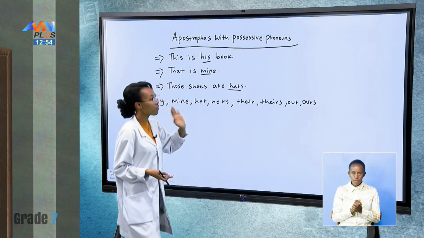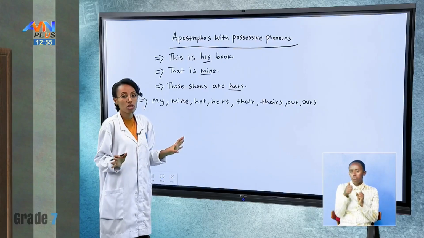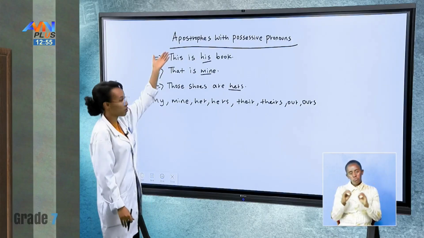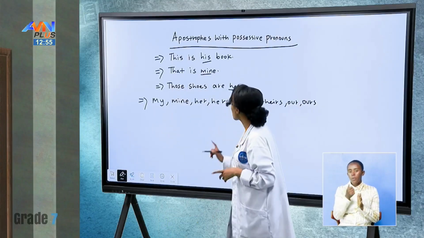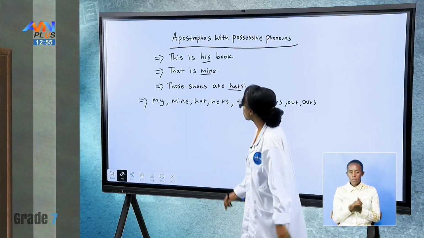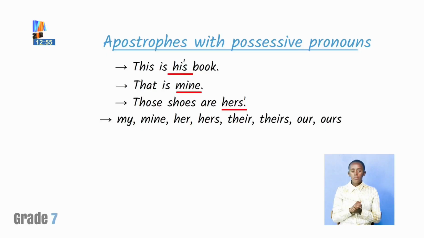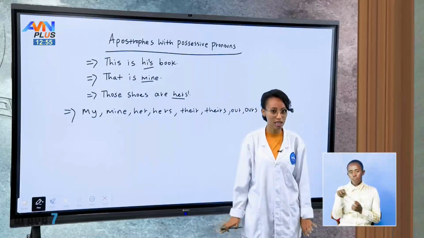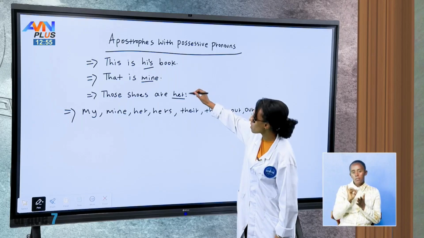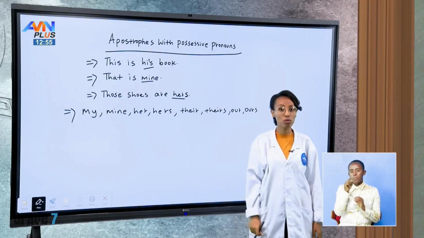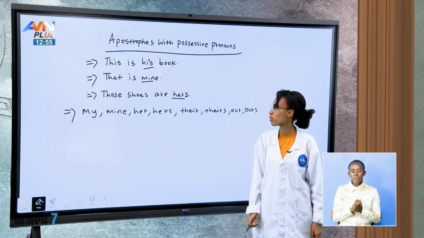So they on their own can show possession, so we don't need to add an apostrophe. This is a very important rule that you must follow. So if you do this later on, for example, or if you do this, it is what? It is not correct. The correct form is writing it without an apostrophe, okay?